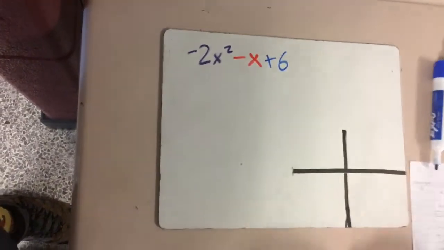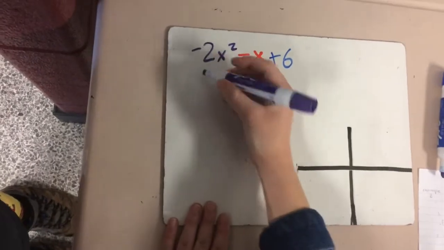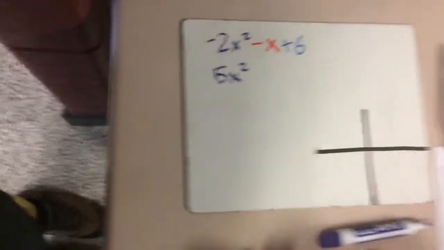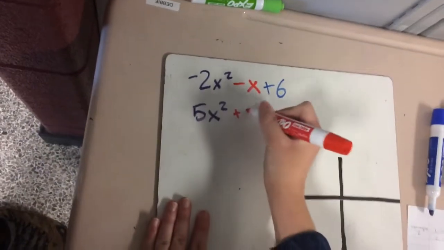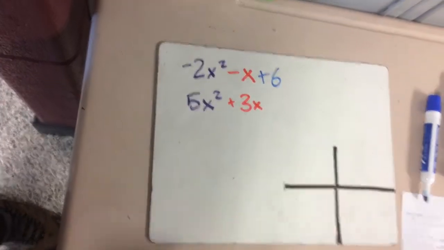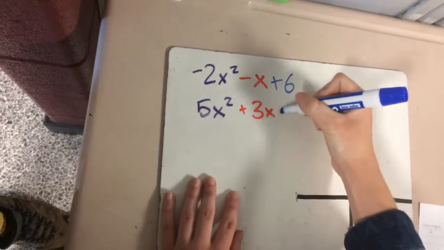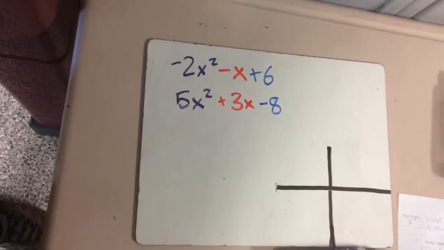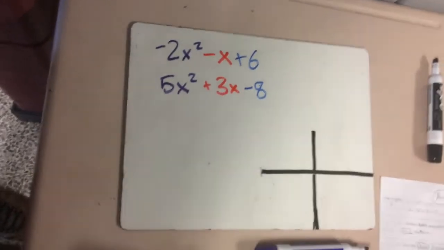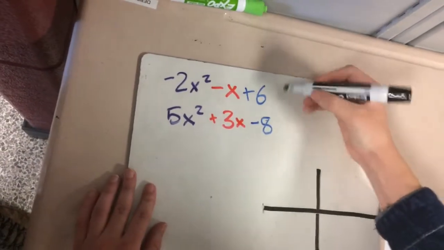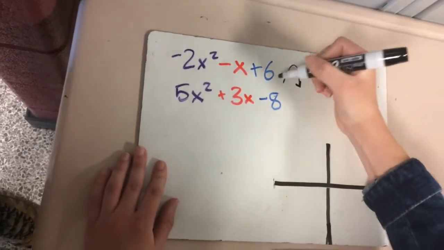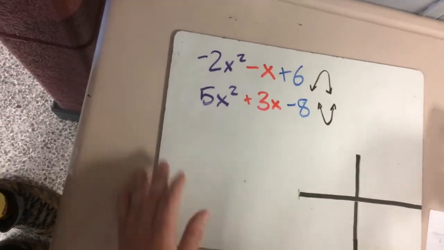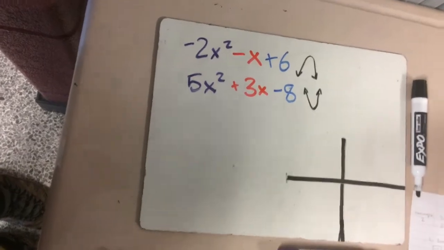And for our second equation, we have 5x squared plus 3x minus 8. And these are going to approximately be like a downwards facing parabola and an upwards facing parabola. And we're going to see where they intersect.